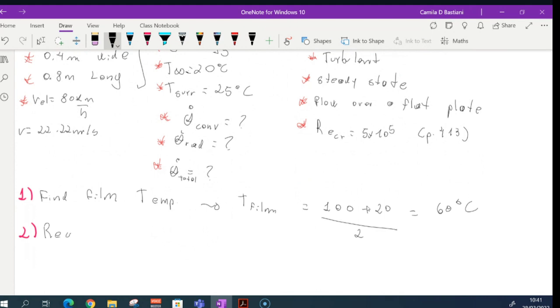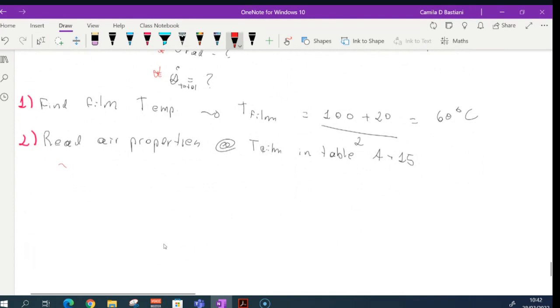I'm going to then read my air properties at my film temperature in table A15. I'm going to read the same things I read before: my conductivity, viscosity, kinematic viscosity, and the Prandtl number.